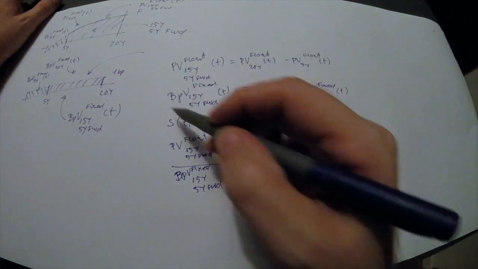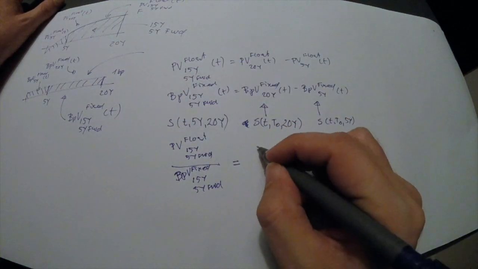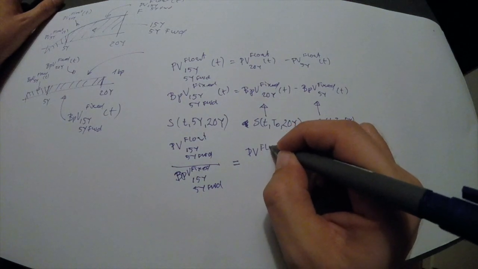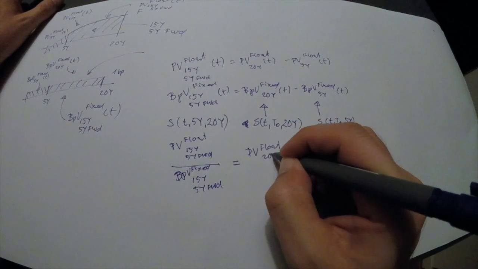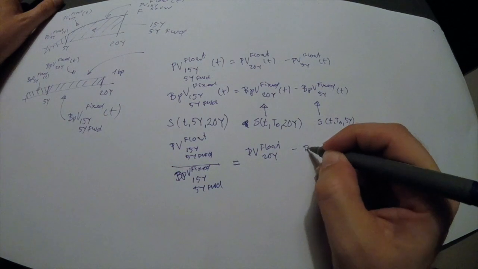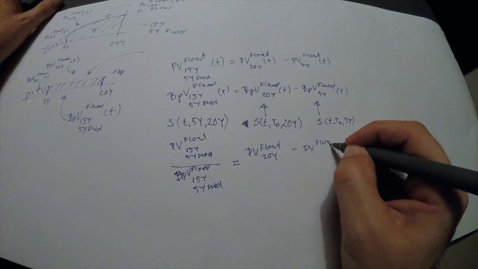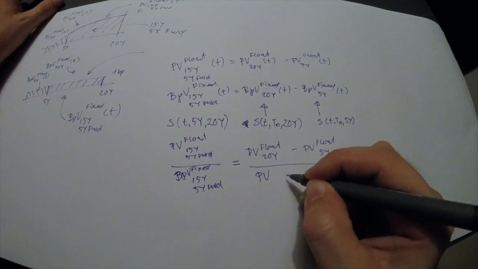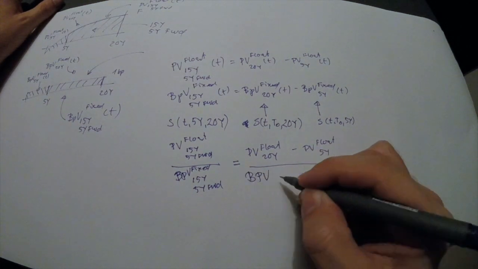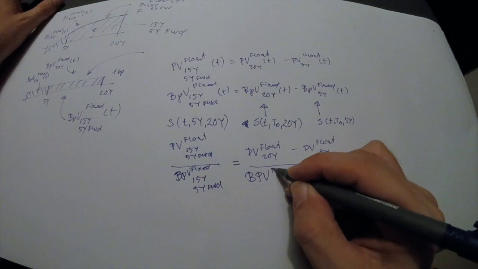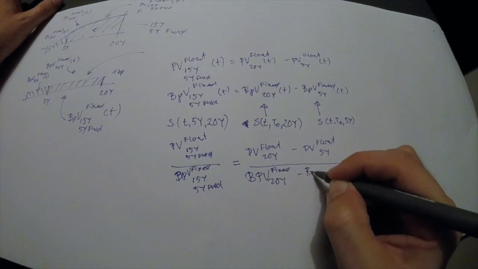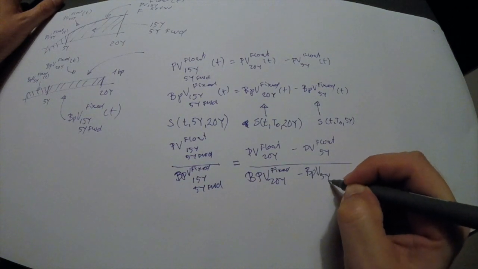But using these equations, we could write the right-hand side as just a difference of the two floaters, 20-year minus the value of the floater for 5 years, relative to the basis point value of the 20-year minus the basis point value of the 5-year.